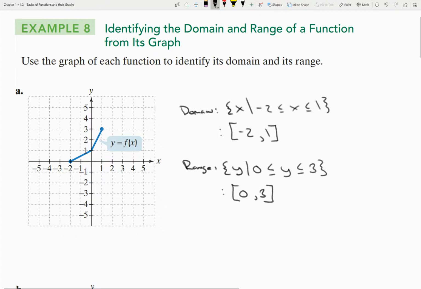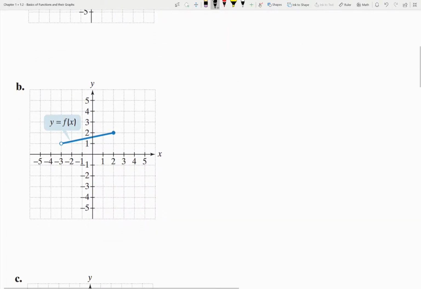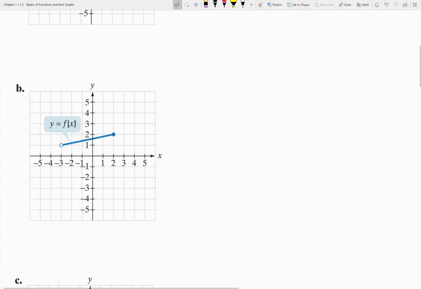Let's stick with interval notation just because it is slightly shorter and easier to do, and there are a lot of these. So the domain, x values. Ooh, look, we have an open circle. That means we're going to use a parenthesis, because the function starts at -3 and goes to 2 with a bracket.